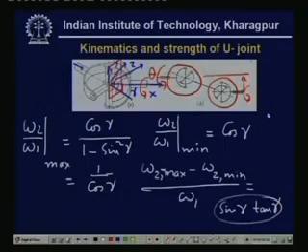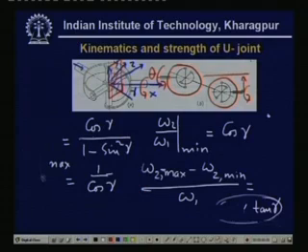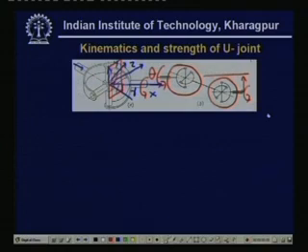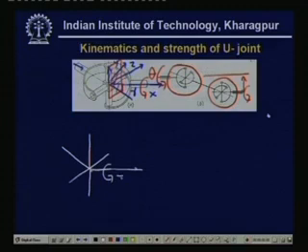Now there is another problem which I am going to talk about right now. If this is the pin, here one shaft is aligned that way, another shaft is aligned a little skewed. Then if you give a constant torque T here, you can divide it into some component T1 and some component T2.